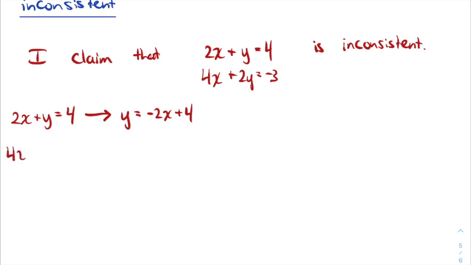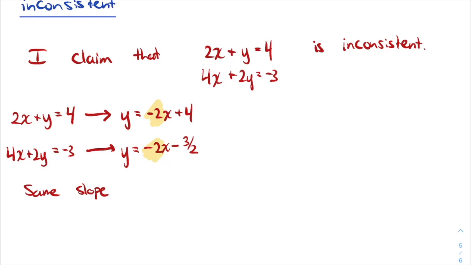Just like 4x plus 2y equals negative 3 can be arranged into y equals negative 2x minus 3/2. Here, that same slope tells us that they're parallel, which tells us that there's no solution. There's no point where those parallel lines intersect.